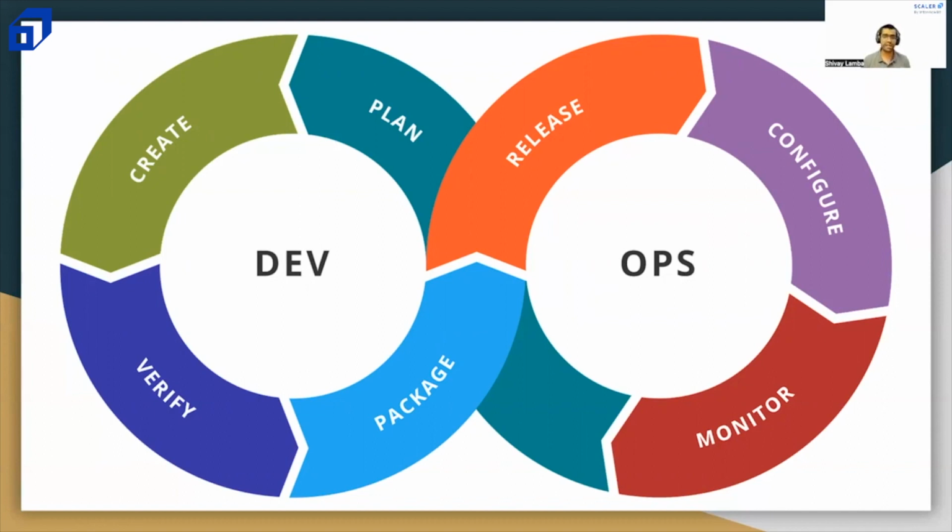And once you've done the release, to ensure that the release was done properly, we also have management in that. There are a lot of different tools that help you monitor the performance of your application, to see how well it is performing under sustained workloads. So all of that can be managed with the help of DevOps.